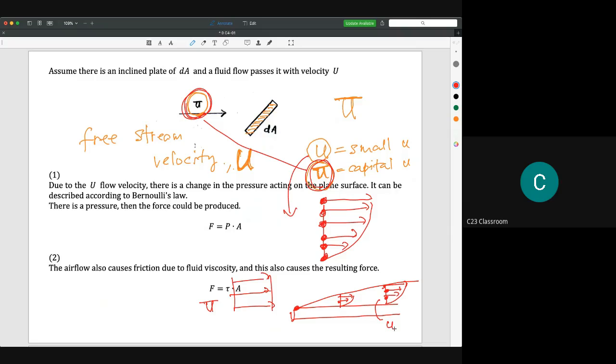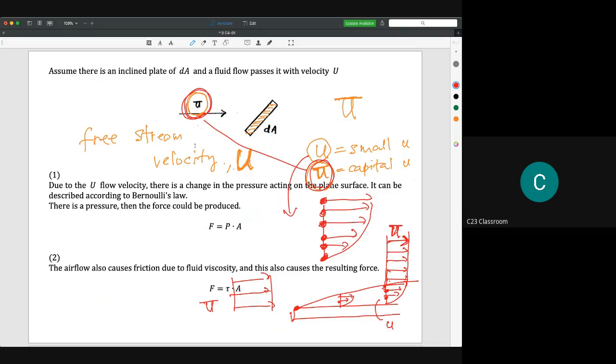Then this velocity distribution will become the free stream velocity again at a certain height, and this velocity is also written as capital U.